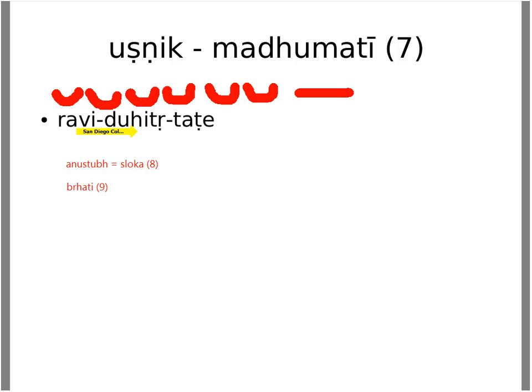Now you might ask, how far along does this go? There is a meter called pankti, and then there is a category called pankti. These meters are also Vedic meters. The Vedic meters are Drishtub, Anushtup, Jagati, Pankti, Gayatri, Brihati.